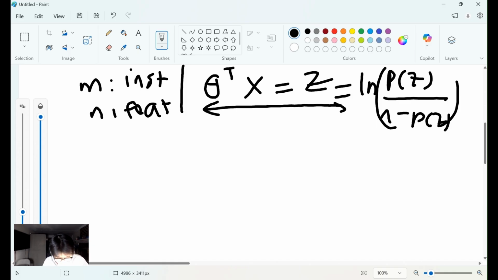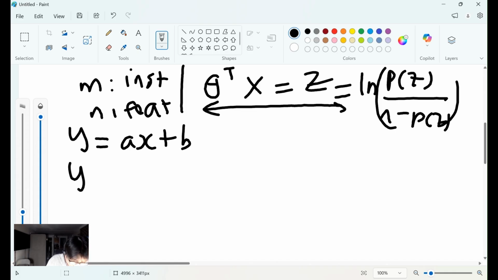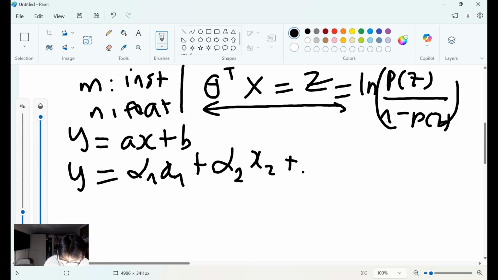So this is the linear relationship, and it does look very weird if you're not very familiar. So let me show you guys a more familiar example. This is a linear equation, right? And a linear equation is something like alpha 1 x1, alpha 2 x2 plus something like alpha n xn, if there are n number of x's, and then plus b, something I call an intercept.